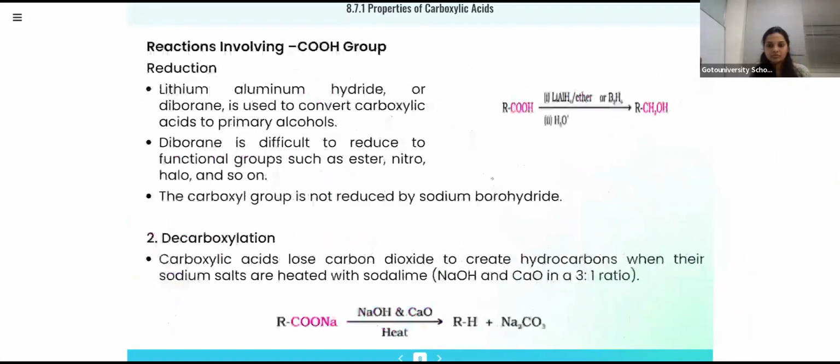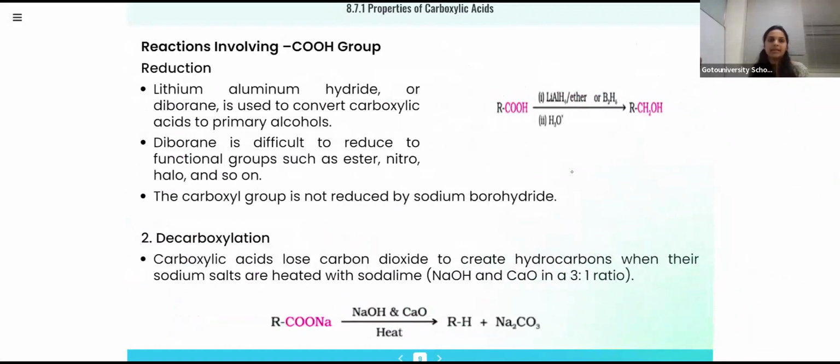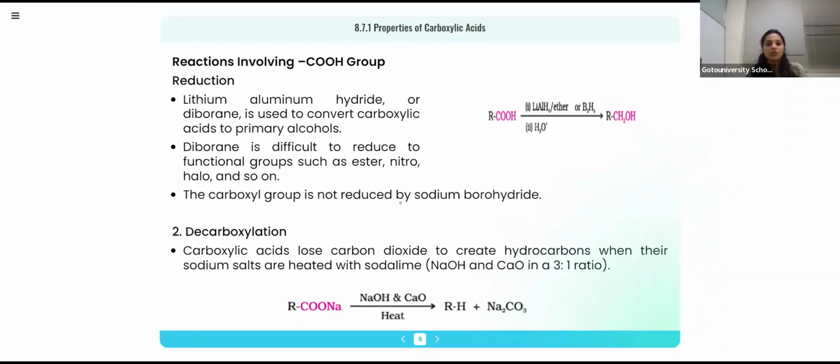Any doubt? Okay. Next, reactions involving the COOH group. First one is reduction. I told you, whenever you do a reduction reaction, we have to use a reducing agent, that is lithium aluminum hydride or sodium borohydride. So here lithium aluminum hydride again.